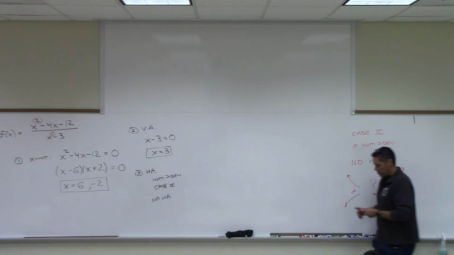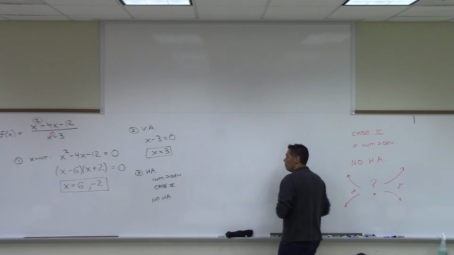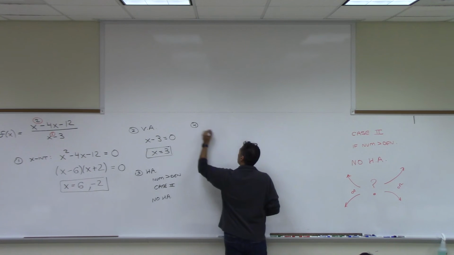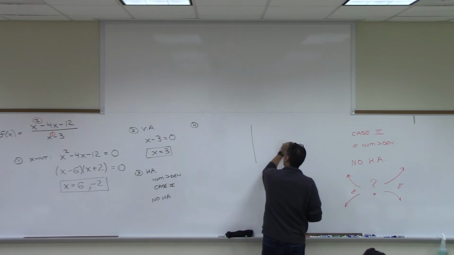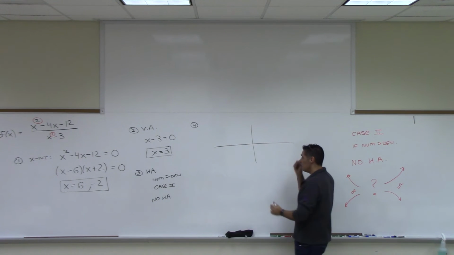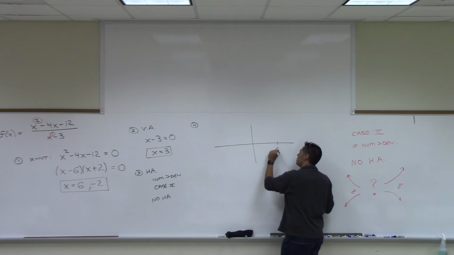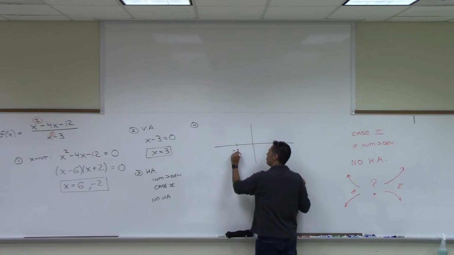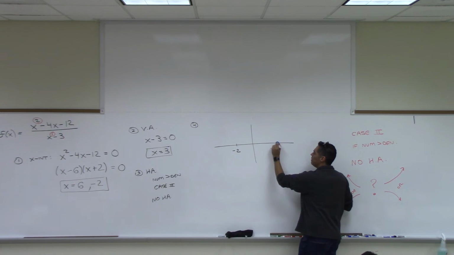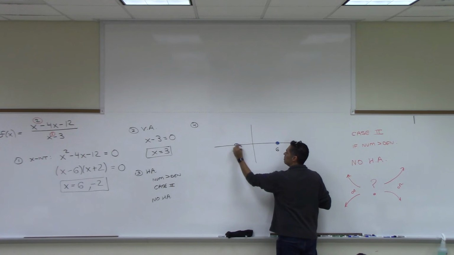So we can move to the fourth step now, which is to put everything on a graph. Starting with the x-intercepts, I have one x-intercept at 6 and another at -2. These are dots on my x-axis. Am I moving too fast or am I doing okay?